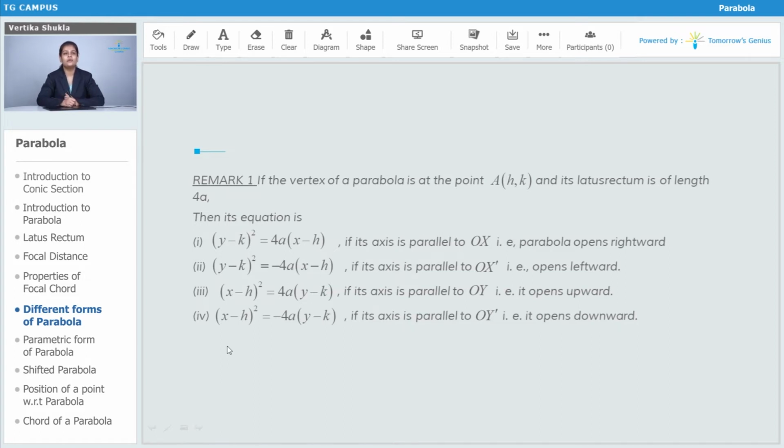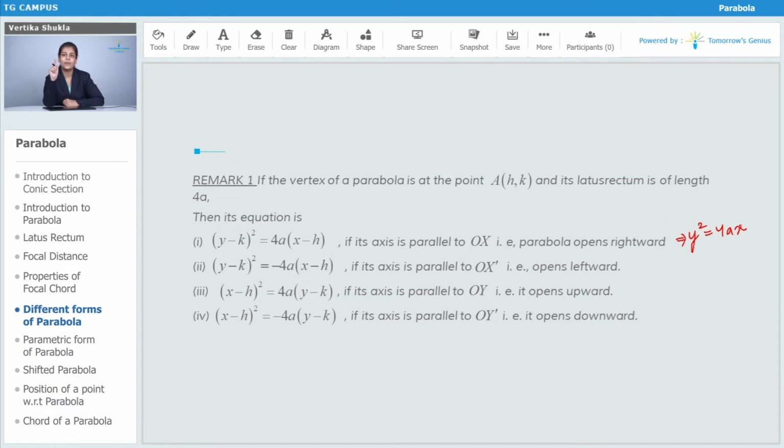Now, let us see the first point that they are talking about. If the vertex has shifted to h, k and the axis is parallel to OX, that means the axis is parallel to the positive direction of the x-axis. That means it is somewhat similar to y square is equal to 4x, because y square is equal to 4x also has its axis as the positive direction of the x-axis.